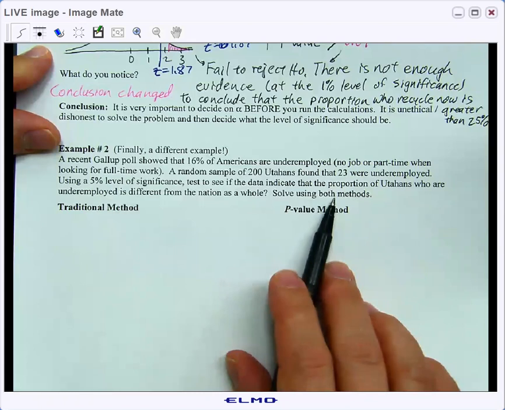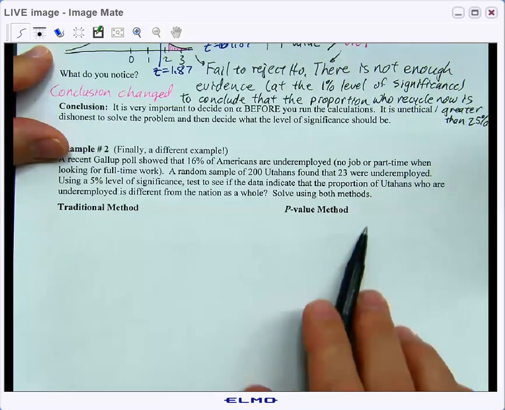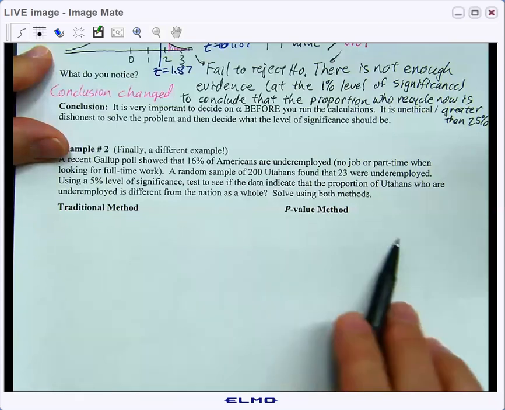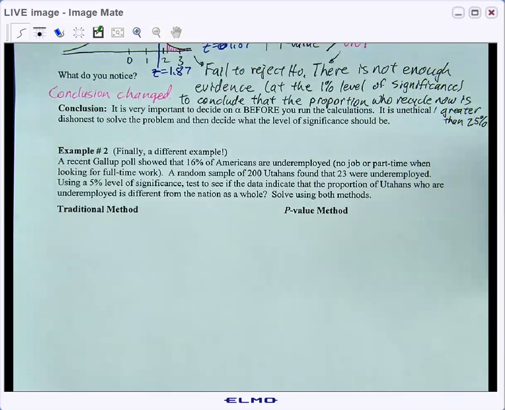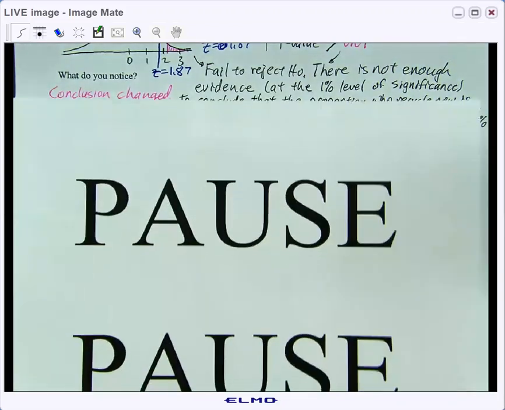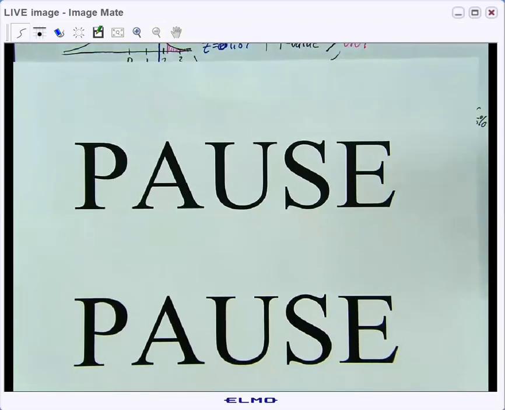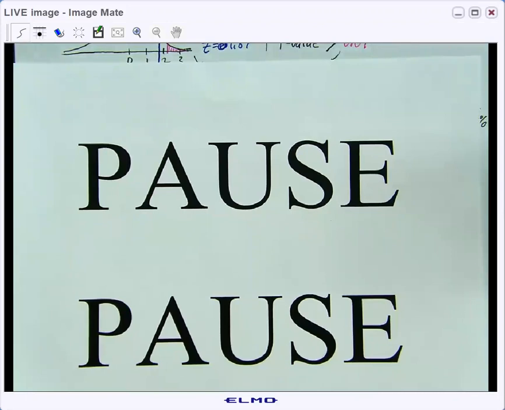And again, solve using both methods. To save a little bit of time, how about we do the requirement check just once altogether here. So I'm going to let you try that. So we'll let you pause, okay? And then we'll come back and talk together in just a minute.